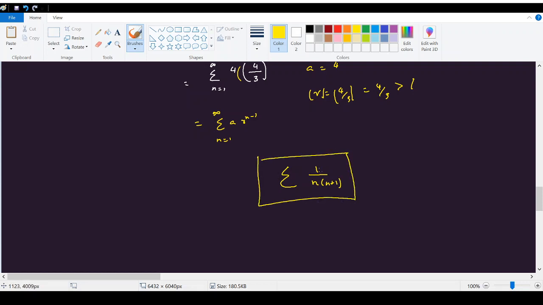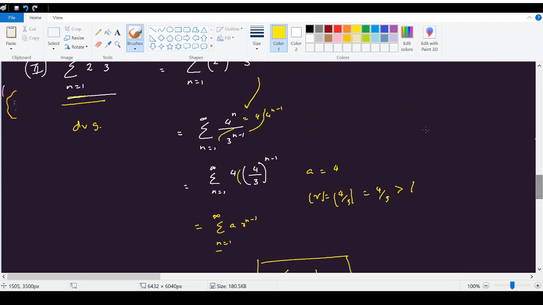You won't be able to even convert this to a geometric series notation. So when it is not a geometric series, you cannot use these facts. All these things are valid only for geometric series.